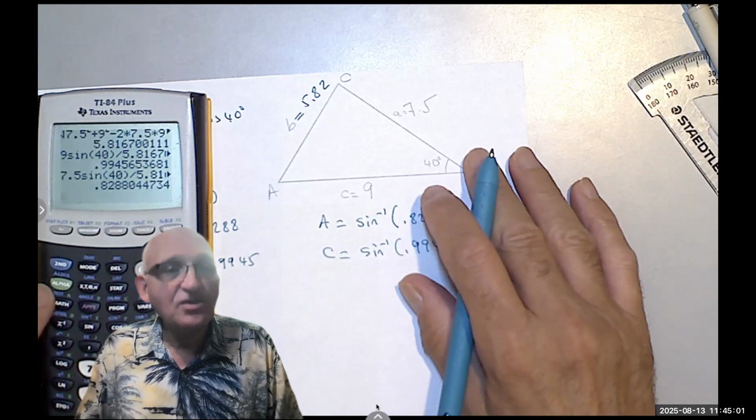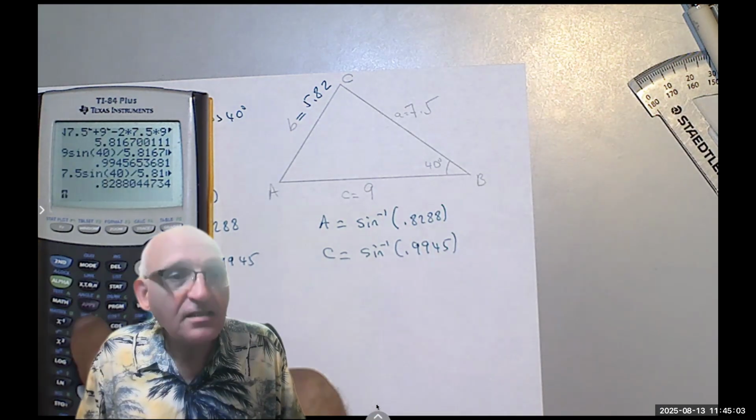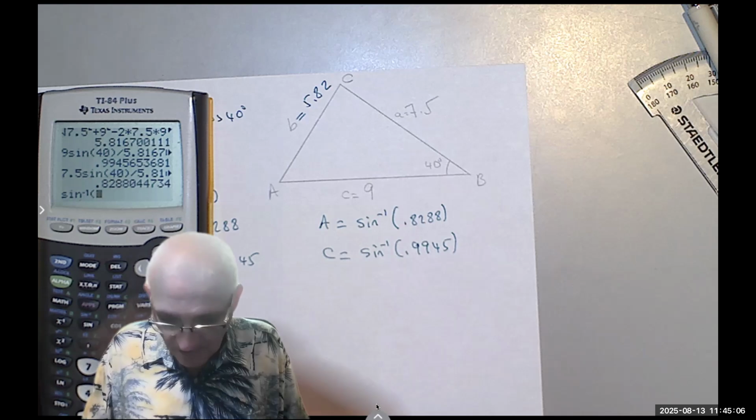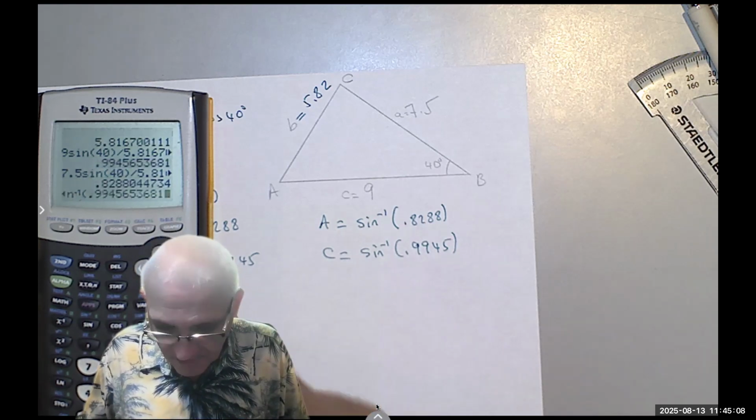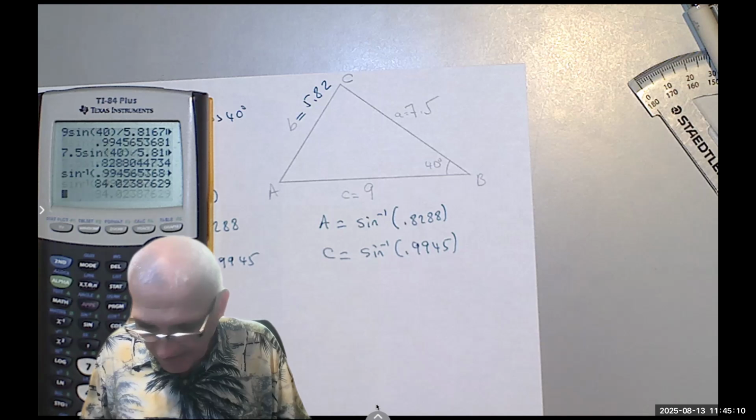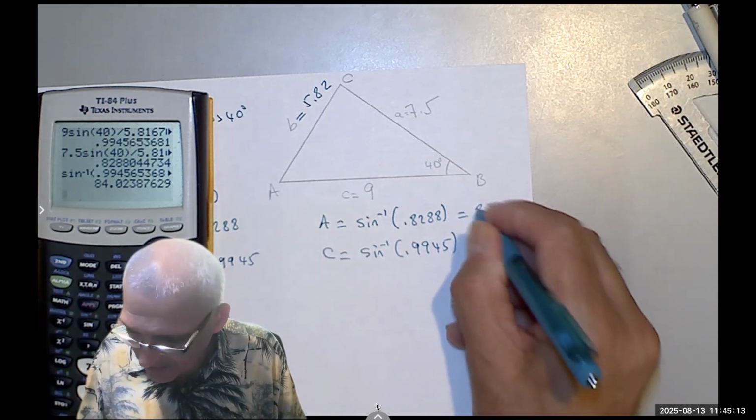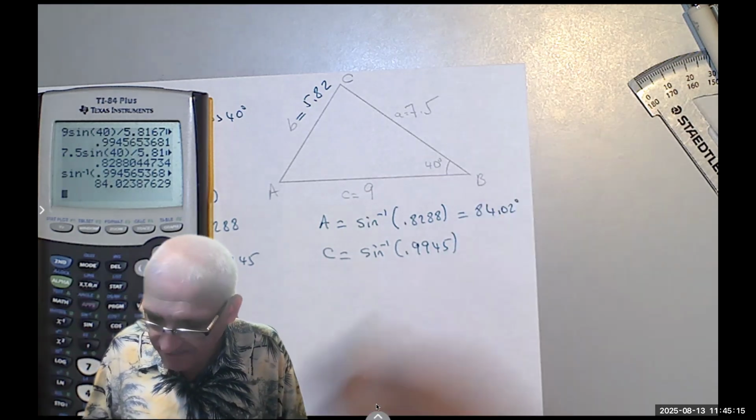Okay, so if I do arc sine, here it is, this number, I get 84.02 degrees.